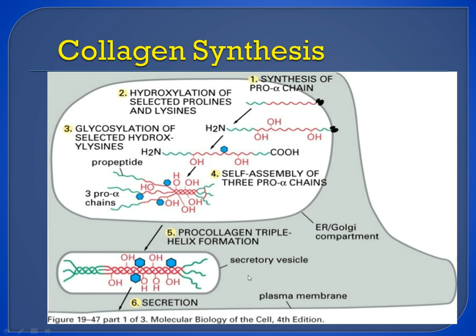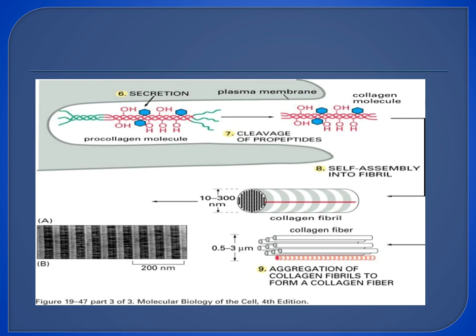So from the first to the fifth step, all these processes are intracellular, mainly occurring in the endoplasmic reticulum or Golgi compartment, and then the secretion occurs through the secretory vesicle. Now after secretion, the extracellular synthesis will occur.